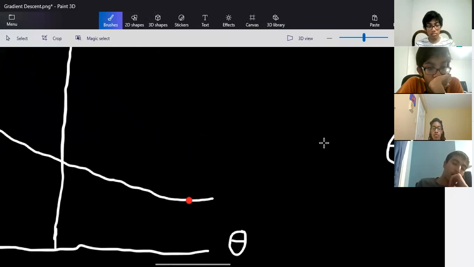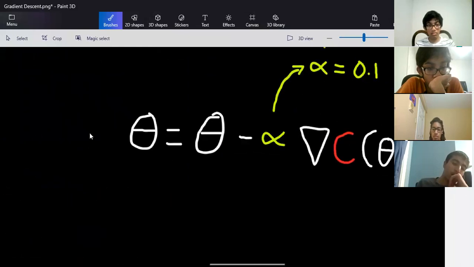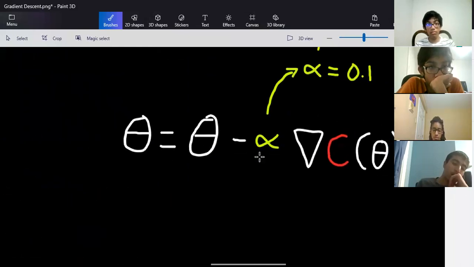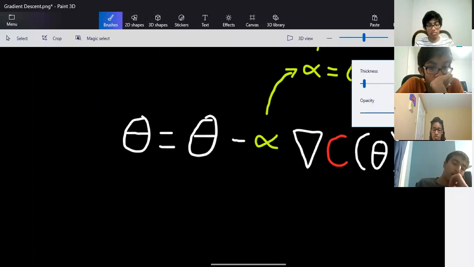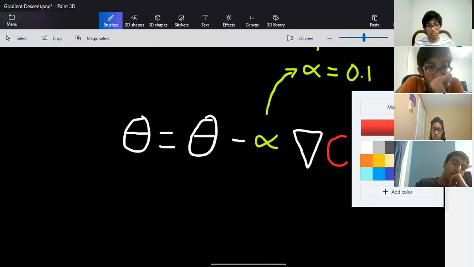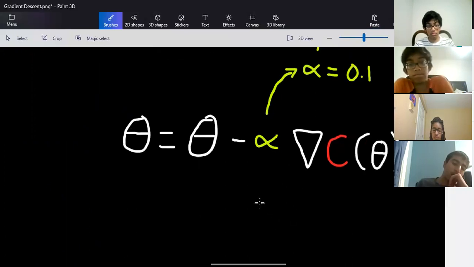We could do that by using another parameter. We're going to call this parameter the learning rate. It's the Greek letter alpha. You might also see it written in courses or textbooks as the Greek letter eta. It looks a little bit like an N, but with an overhang here. So these different things just mean the learning rate.